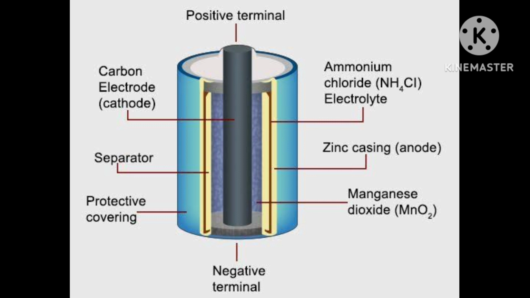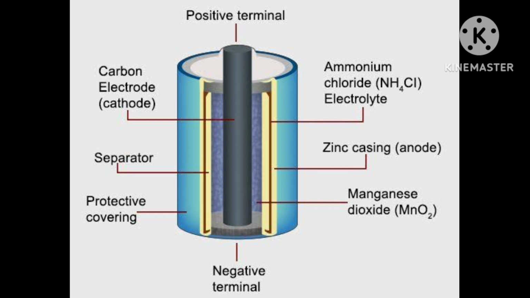What are the electrode reactions? Again, it is the same way as any cell reaction: reaction at anode and reaction at cathode. Reaction at anode is known as a half cell reaction. Reaction at cathode is also a half cell reaction, and if you add both, it is called the net cell reaction.